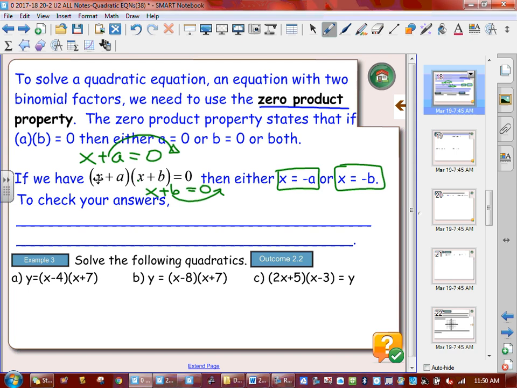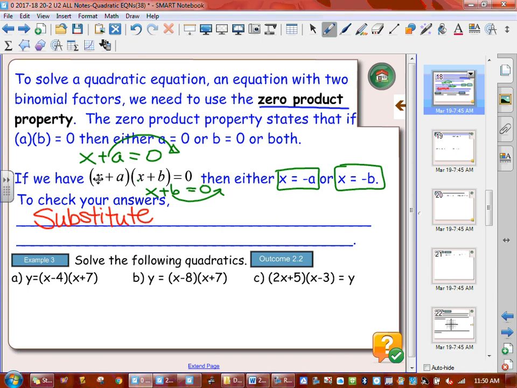So, how do we check our answers? How do you always check your answer? Starts with the letter S. Substitute. Good. Just like we did with our radical equations, we had to substitute the answer we got into our left side and right side to see if the left side equaled the right side. That's basically what this is saying.